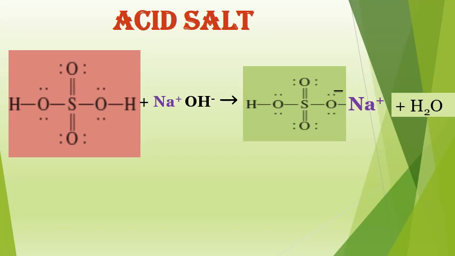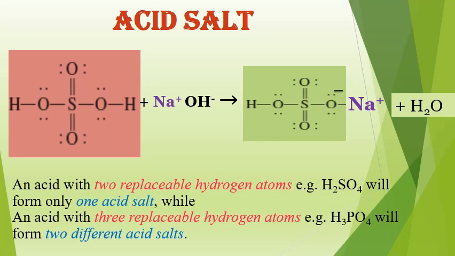So an acid salt is always formed by partial replacement. That means there has to be more than 1 replaceable hydrogen atom in the acid, and one of them will be replaced, the others will still remain in the molecule, giving rise to an acid salt.